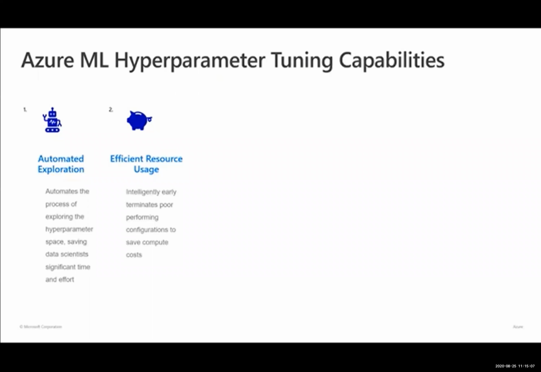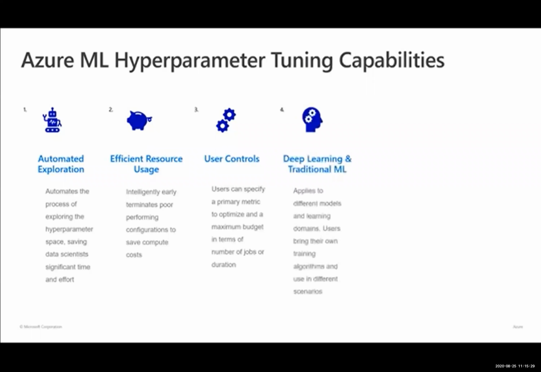The next cool feature is that the user has control in terms of what they're trying to optimize for. So let's say you might want to maximize accuracy, or you want to minimize loss or whatever. Since you're bringing your own training script, you have control in terms of defining what is that primary metric you are optimizing for. Users can control budget in terms of how many configs should be explored in parallel.